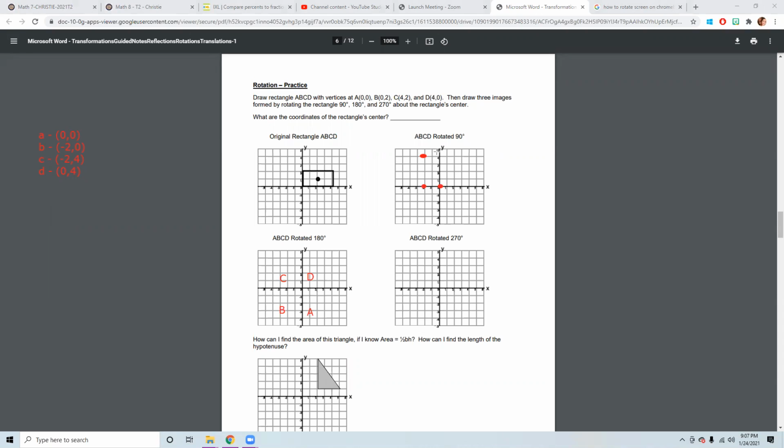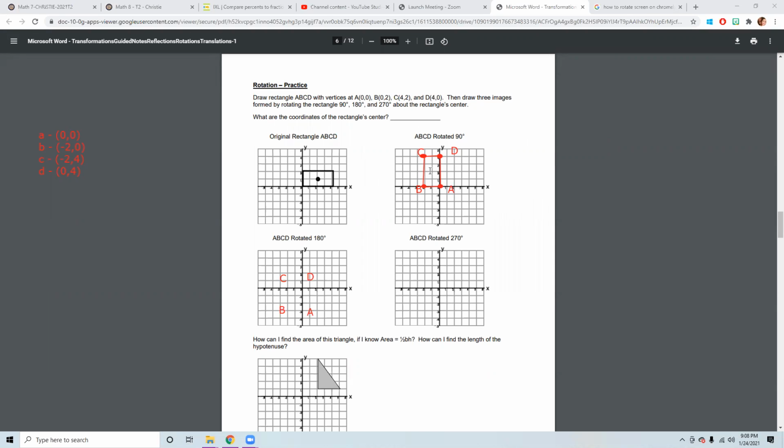So 0, 4 is right there. Since it is a shape, I'm going to draw lines to connect them, and then I'm going to add my labels because that's important. So A was at 0, 0. B was at -2, 0. C goes up here, and D goes right there. And so you can see that this is what we saw when we did our rotation.